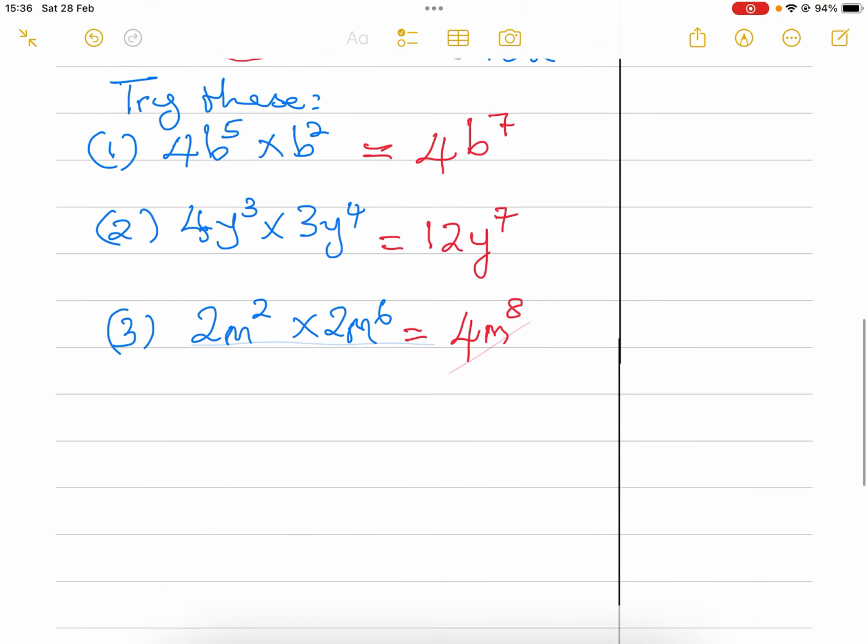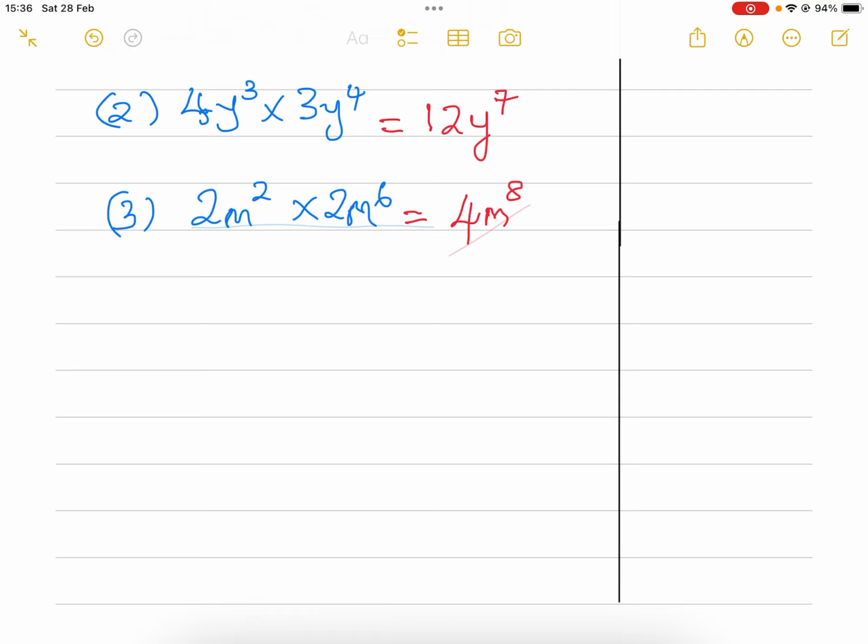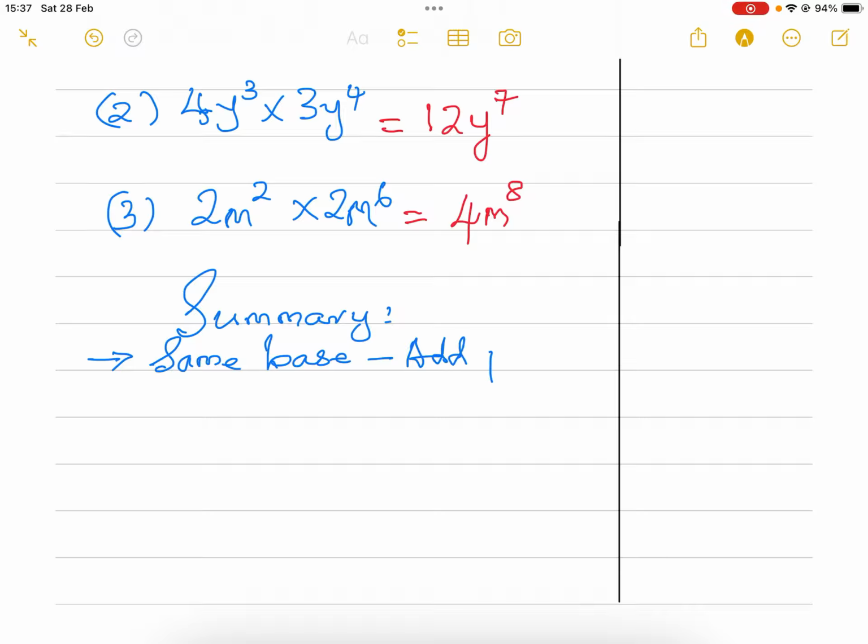Let us summarize what we have done so far in this lesson. We have learned that when you have the same base, add the powers.